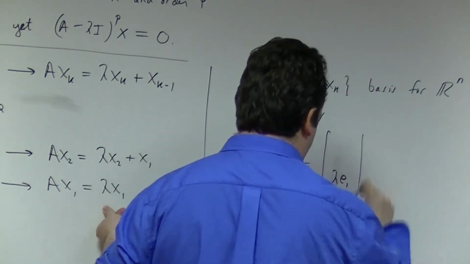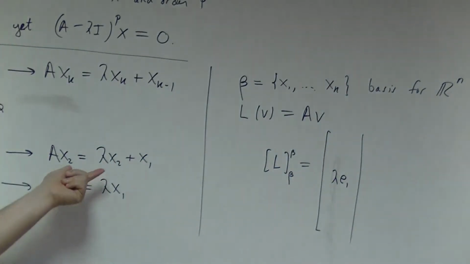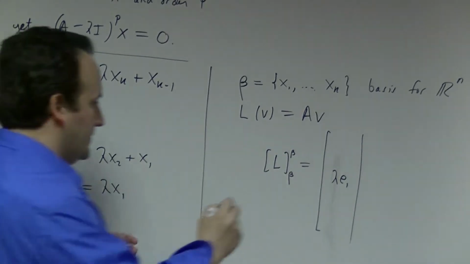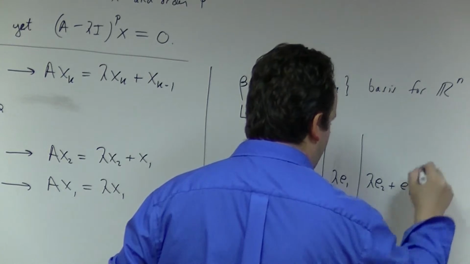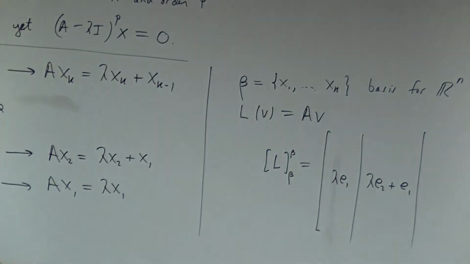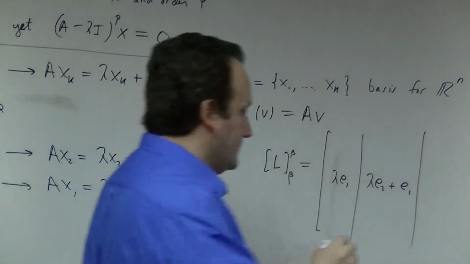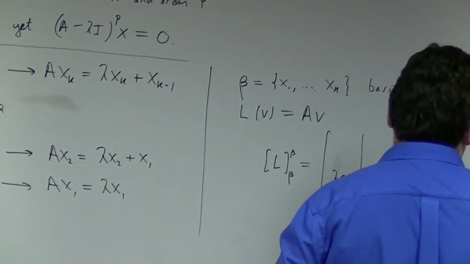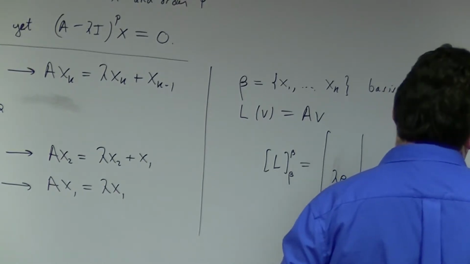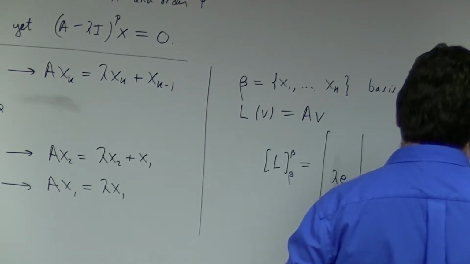The next thing, I get lambda e2 plus e1, and so forth and so on. Eventually I get to lambda ek plus e(k-1).